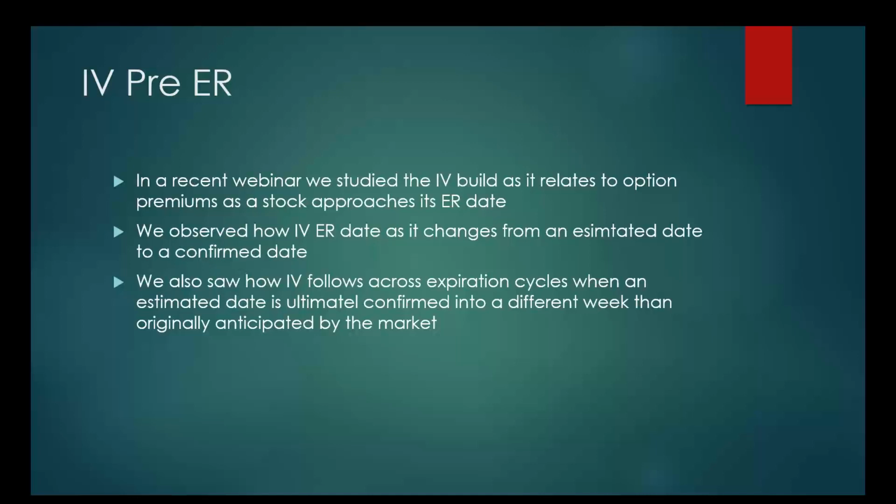But then when the company actually had their press release and said, no, we're not going to have it that week, what you were all thinking, and what was being displayed in the options chain via what we call a bump in the IV, no, we're going to have our earnings release the week after that or the week before that. And then you could see immediately upon that press release how implied volatility moved out of the week that we were all expecting that company to report, and IV moved quickly into the other week.